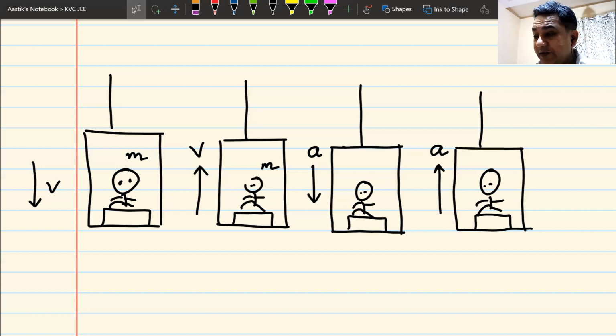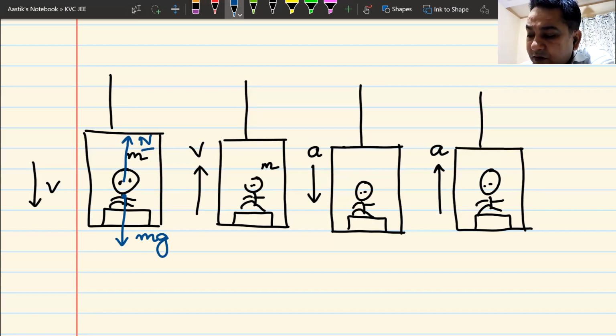So now let us draw the free body diagram of this man. I'll draw it with the blue ink. The weight of the man, mg, is downwards. The normal reaction on the man is N upwards. I am making this equation from inside the lift.